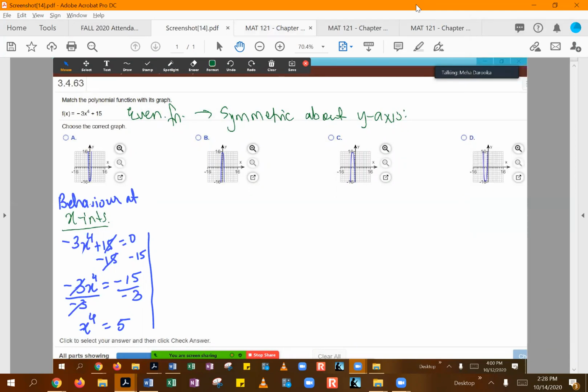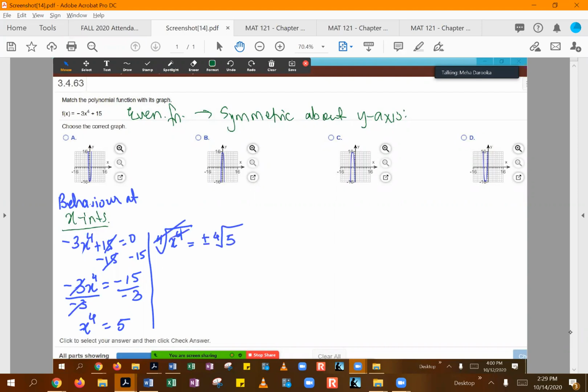So let's take a look at that. That means we will do fourth root of x to the fourth equals, and since fourth root is an even root, just like square root is, you will end up with a positive and a negative answer in this case.